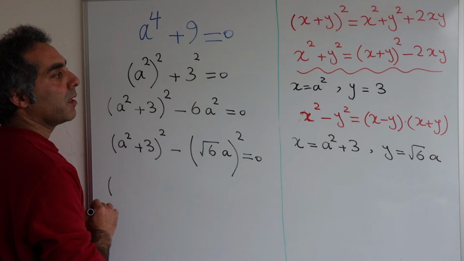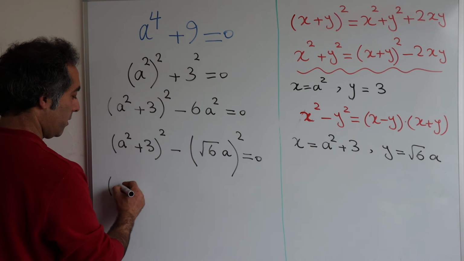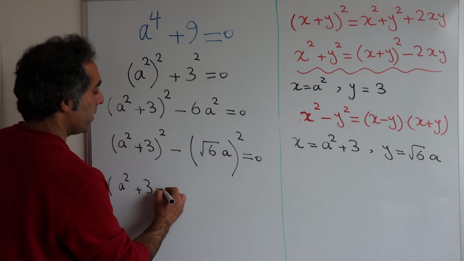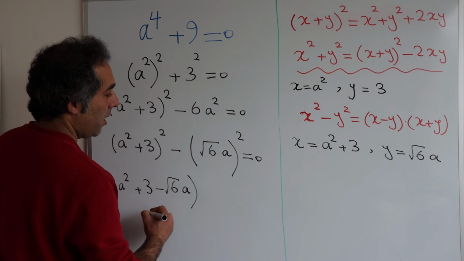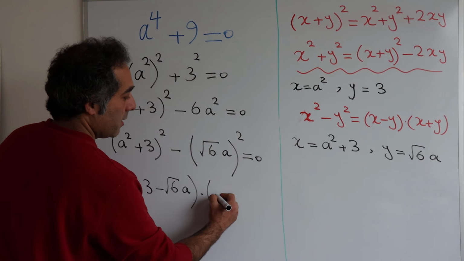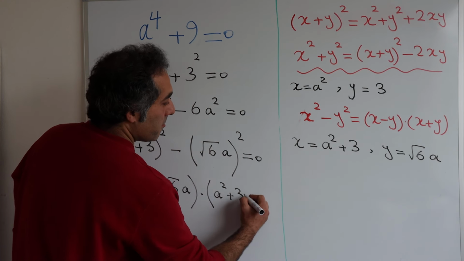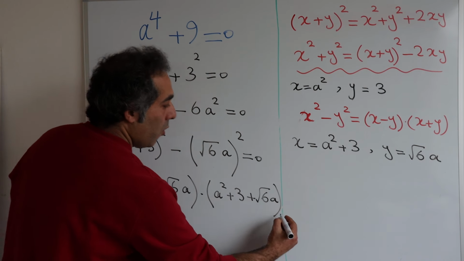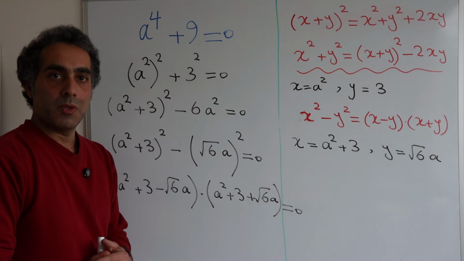So we have (r squared + 3 minus square root of 6 r) times (r squared + 3 plus square root of 6 r), and the whole term equals 0.